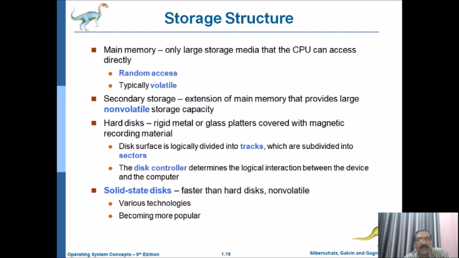Now you are familiar with read-only memory. Now random access memory is called volatile memory, meaning when you put the power off, the content in RAM will be erased.